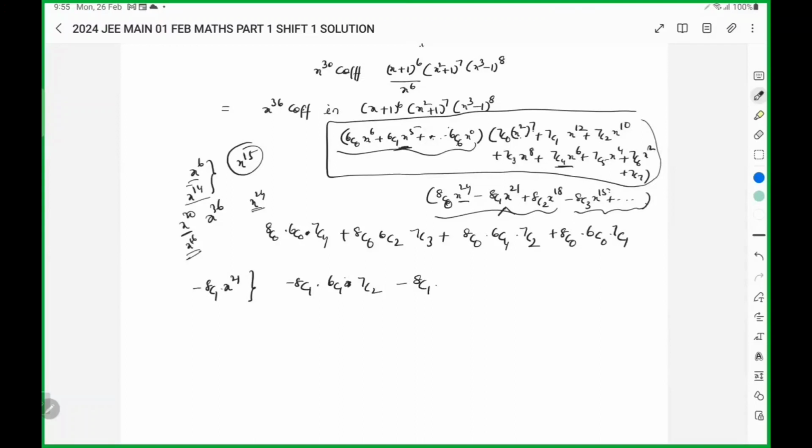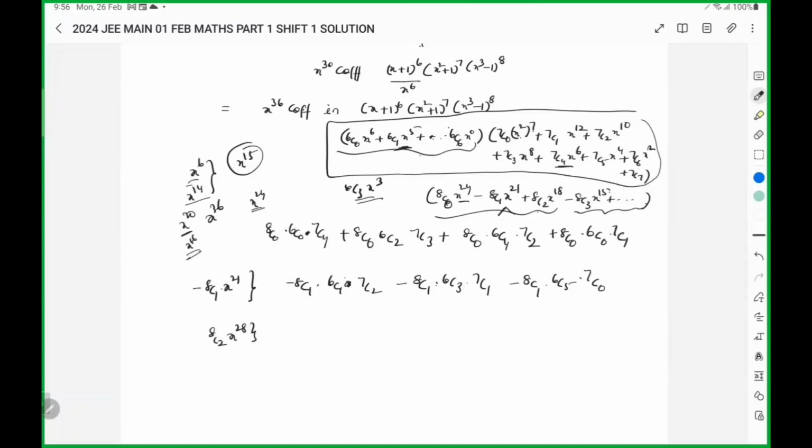Even terms are useless here, 6C2 useless. 6C3, x cubed, so we require 12, 12 you get a 7C1. 6C5 x, and we require x power 14. One more term.